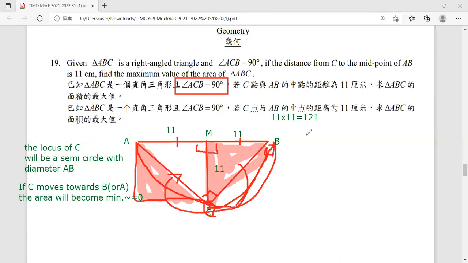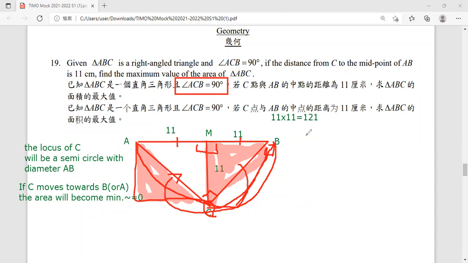The maximum area is attained when C is at the middle of the semicircle, which will become a right angle isosceles triangle. But you can do some cutting and pasting, and you will find it's actually a square of side length 11.